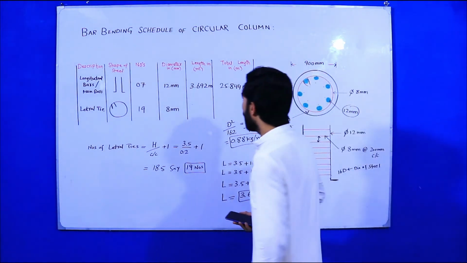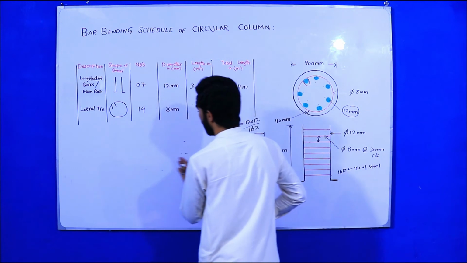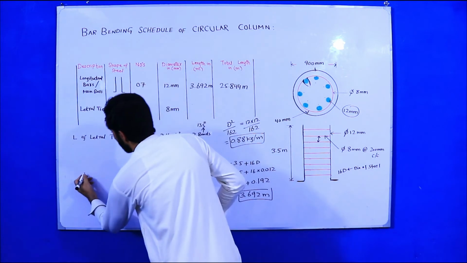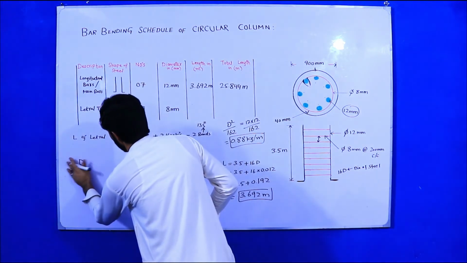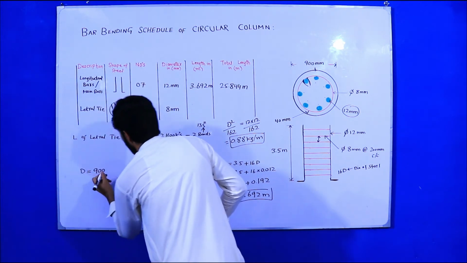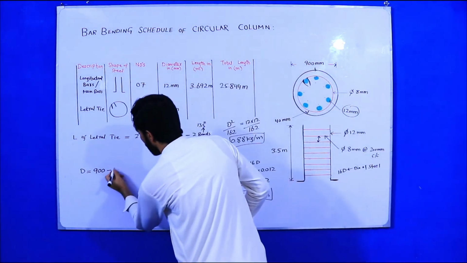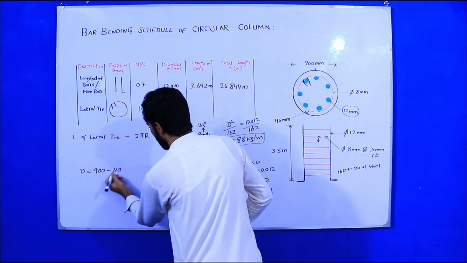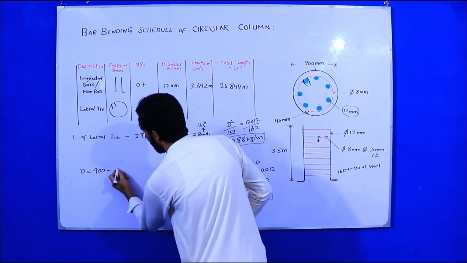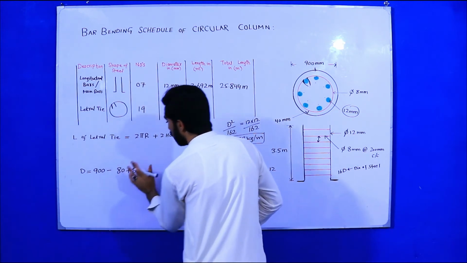Now, guys, we require the length in meter. So how can we find the cutting length of lateral tie? We require the actual diameter of lateral tie without concrete cover. So D is equal to 900 minus one side concrete cover and the other side concrete cover, so minus 40 plus 40, or 80 mm, plus 8. How?